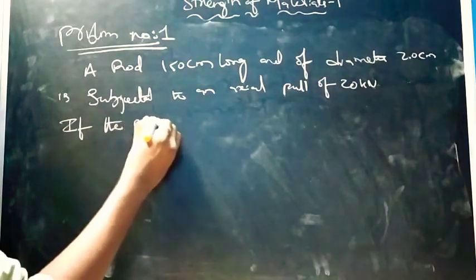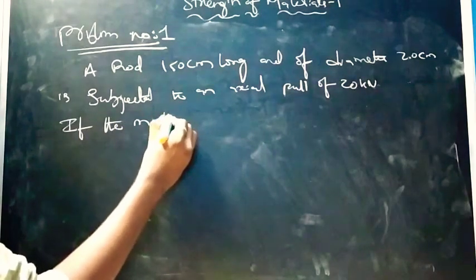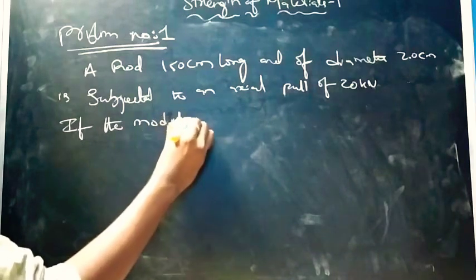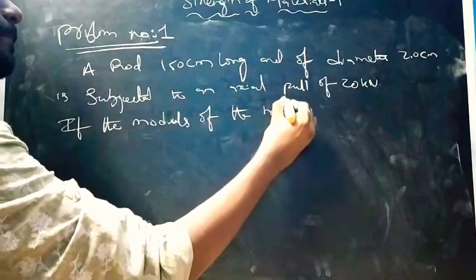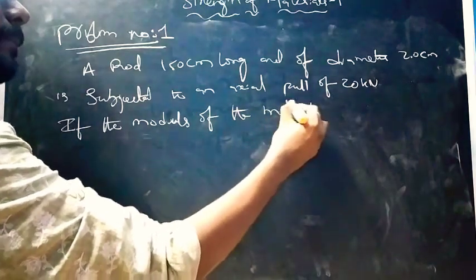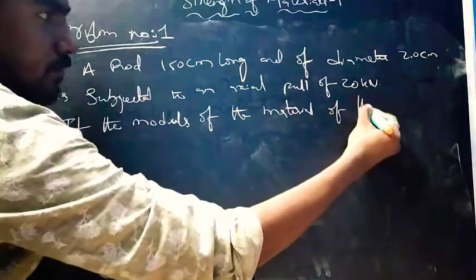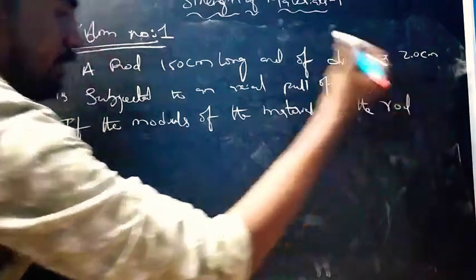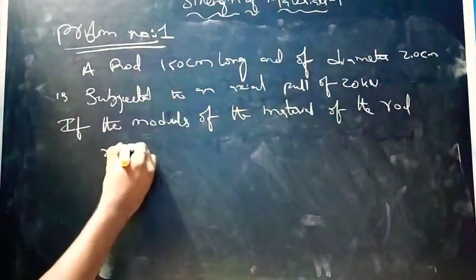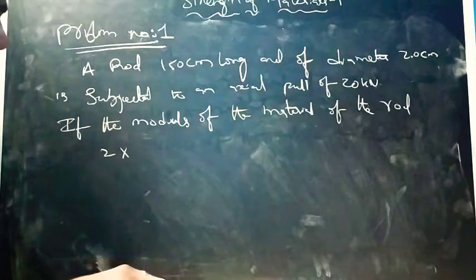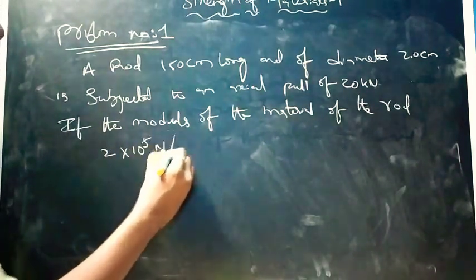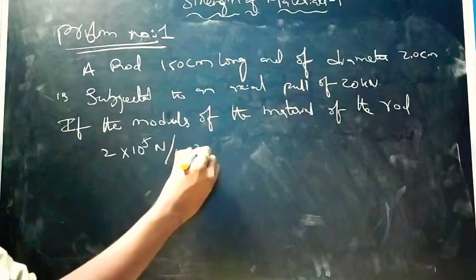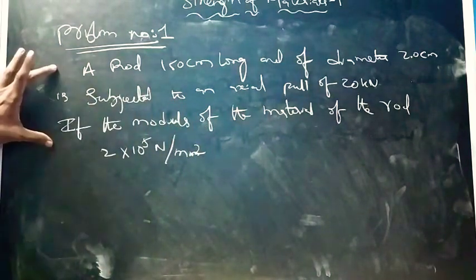If the modulus of the material of the rod is given as 2 into 10 to the power of 5 Newton per mm square. So this is the question.